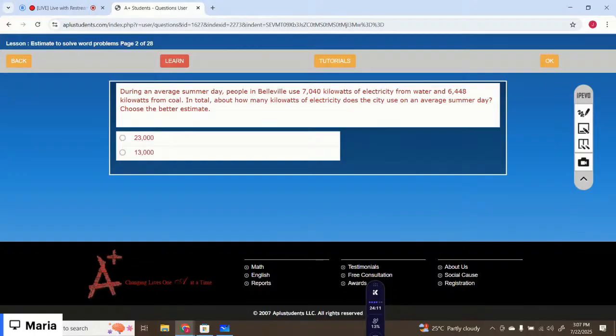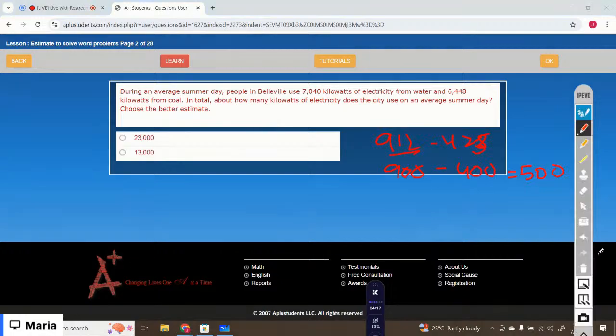During an average summer day, people in Belleville use 7,040 kilowatts of electricity from water and 6,448 kilowatts from coal. In total, how many kilowatts of electricity does the city use on an average summer day? So we need to calculate the total electricity they use.